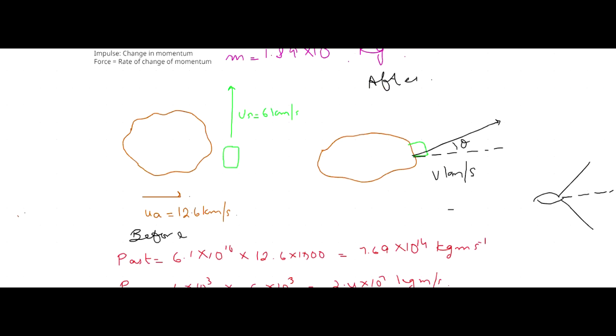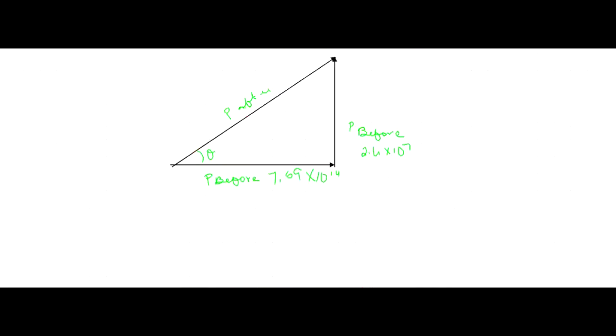That is the reason, because before and after are equal to each other. Whatever the before vertical is, the after vertical is the same. Whatever the before horizontal is, the after horizontal is the same. So yes, I've written it as before, but we can also write it as after. It doesn't make a difference because momentum before and after are equal. That's why I can use the before values to calculate the resultant momentum after. Does that answer your question?